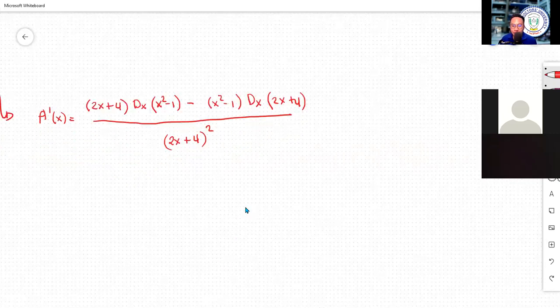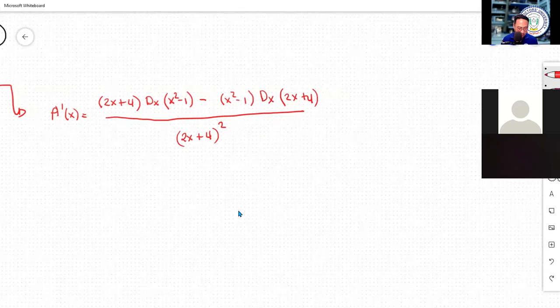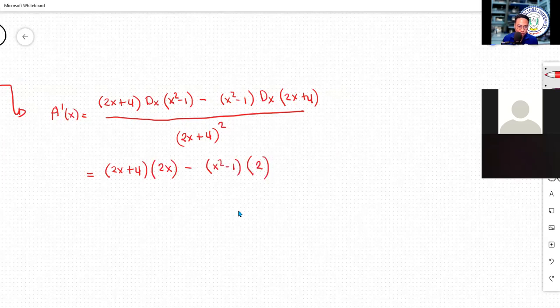Agree? Are we good? Do we still follow? Now I'm going to do the multiplication. So we have 2x plus 4 times 2x minus x squared minus 1 times 2.